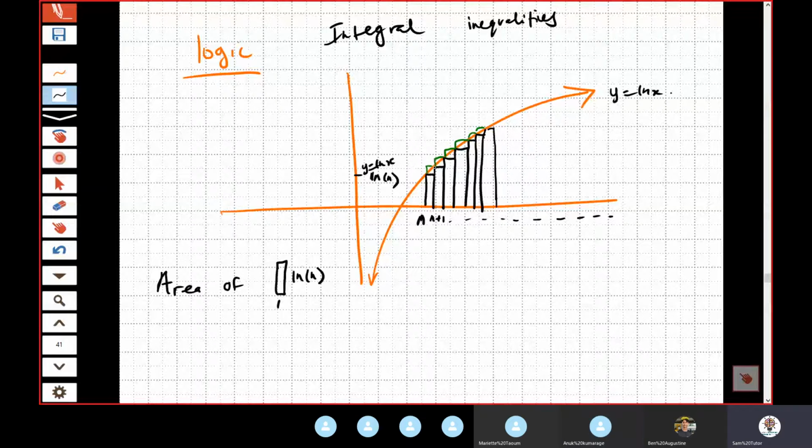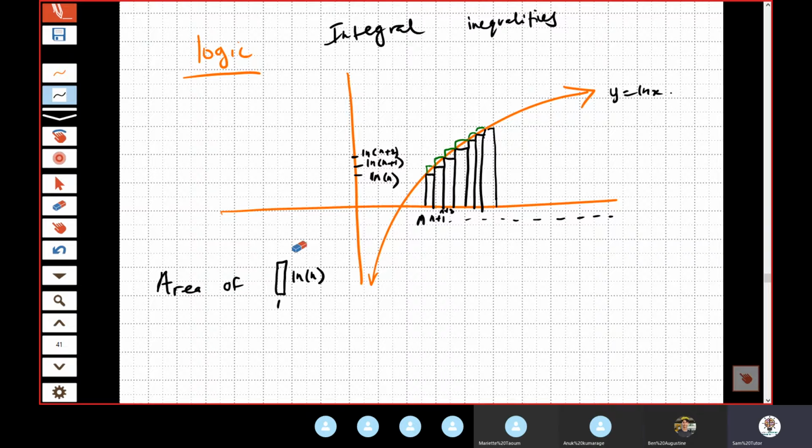Right there. Yeah. So what's that height? Well, that would be log of n plus 1. Oh, okay. Yeah, I see. You see that happening? And the next one, the next one's n plus 2. So what would the height of that be technically? Log of n plus 2. Does that make sense?